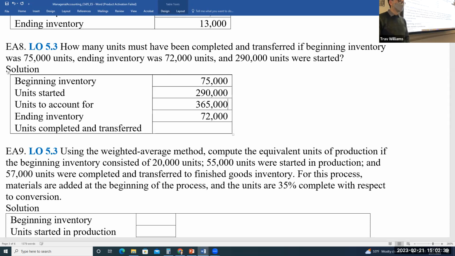Very good, Elvie, 365,000. So how many got completed and transferred out? 293,000, right? So we can add beginning to units started to get units to account for. When we subtract ending inventory, we get completed and transferred. Any questions?